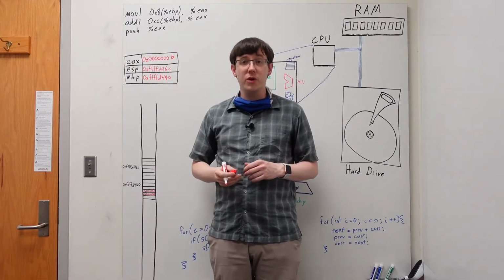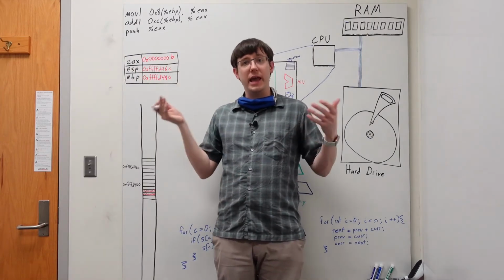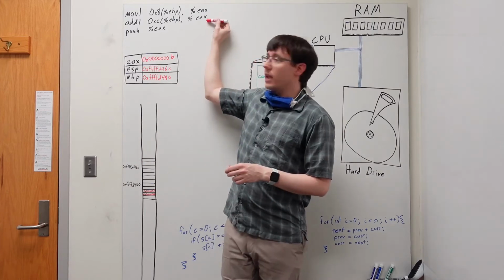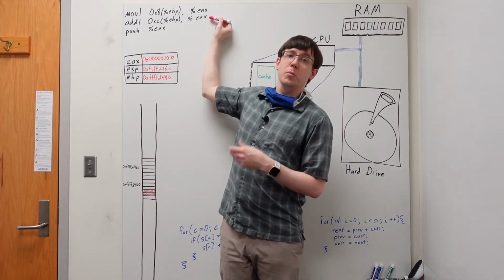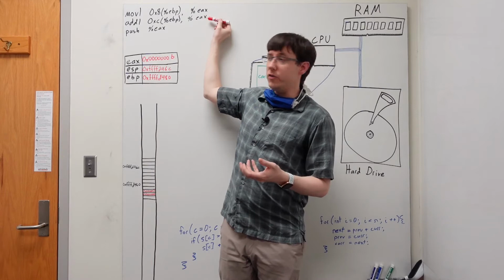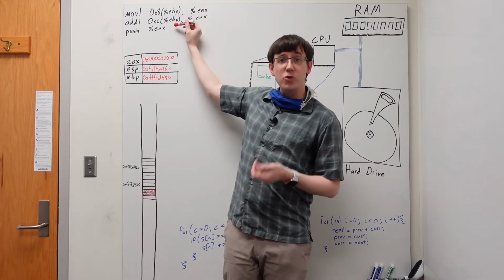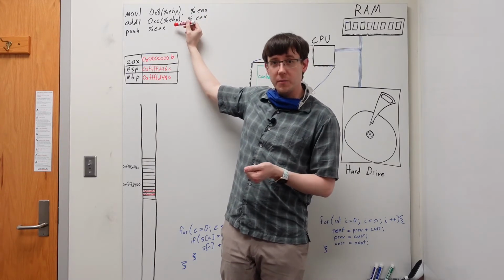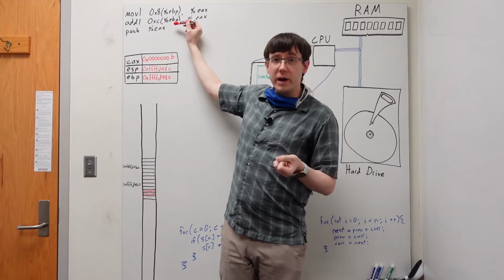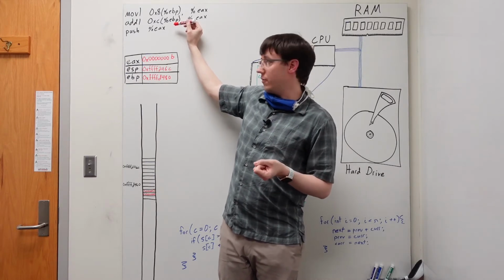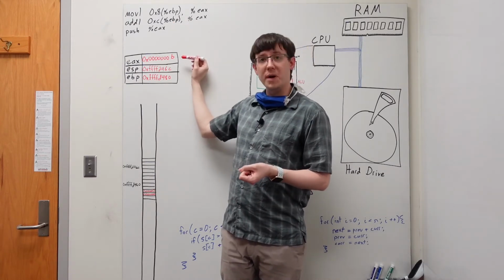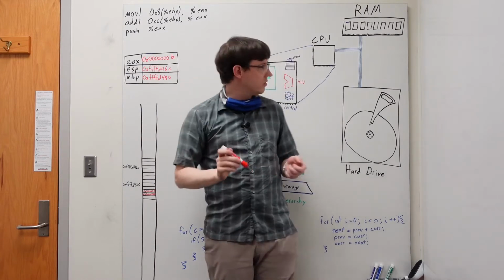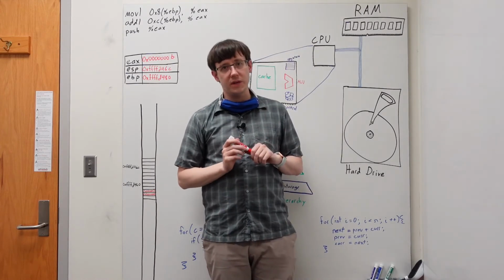And so we end up with the value 11 in EAX. And so once again, this instruction performed a read operation, since it had to retrieve data from memory, and it did not perform a write operation because we didn't have to send the result to memory. The result went in a register, which lives inside the CPU.